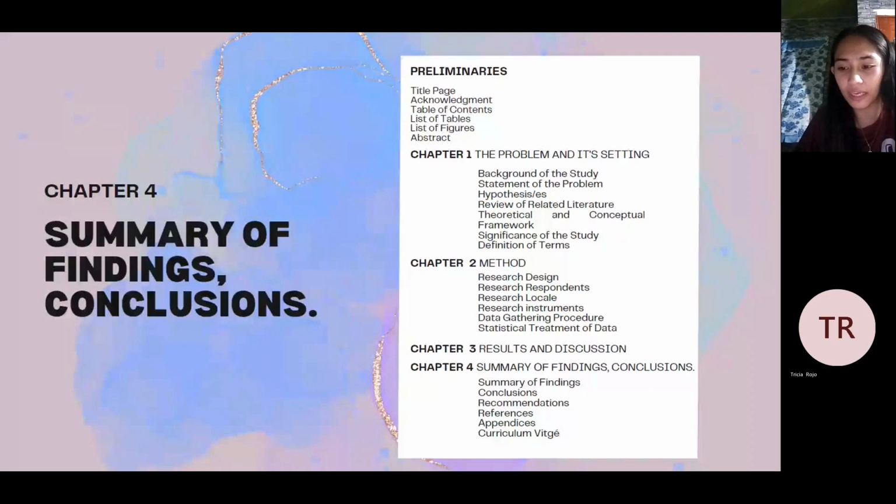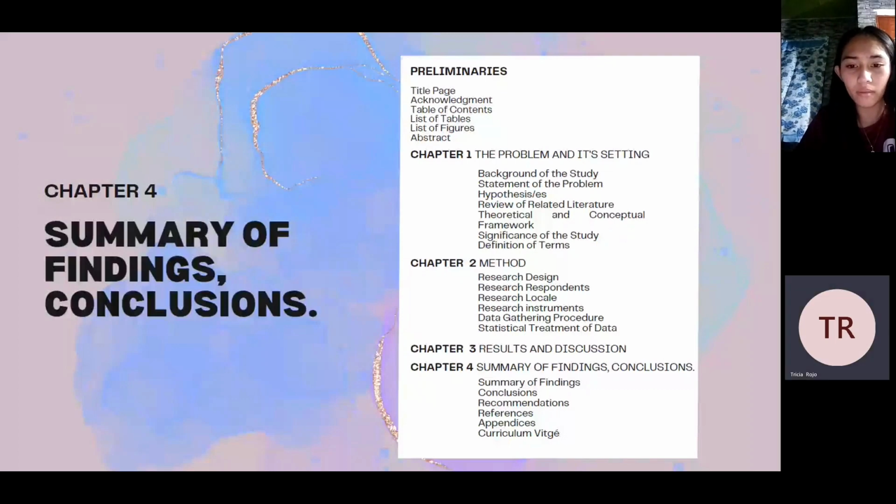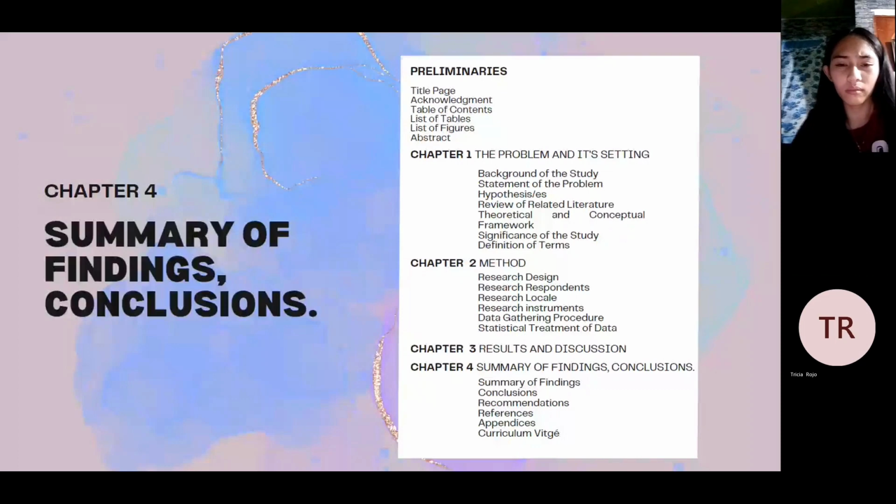Preliminaries, title page. The title page is the first page of a document or a book that includes the title of the work, the author's name, and any other relevant information.